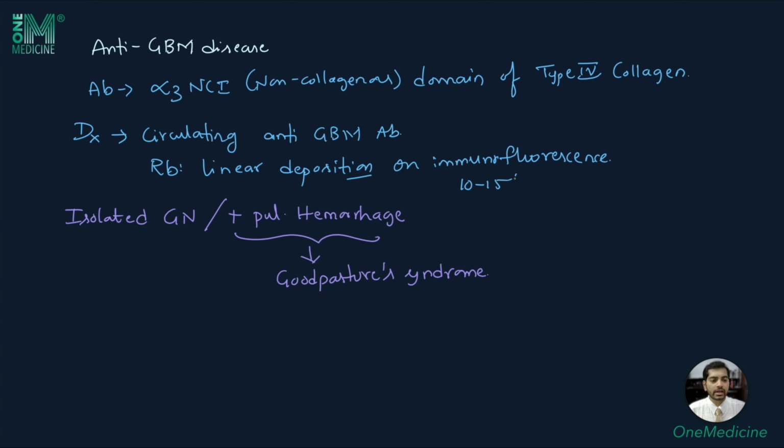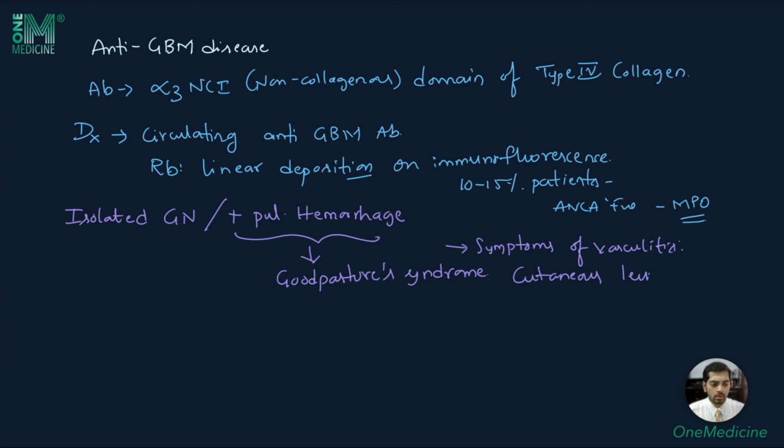In this case, with association of pulmonary hemorrhage, it is called Goodpasture syndrome. Up to 10 to 15% of the patients may show ANCA positivity, and this ANCA will be MPO ANCA. Some patients may also have symptoms of vasculitis, and this includes cutaneous leukocytoclastic vasculitis. Patients are treated with plasma exchange, which produces remission.